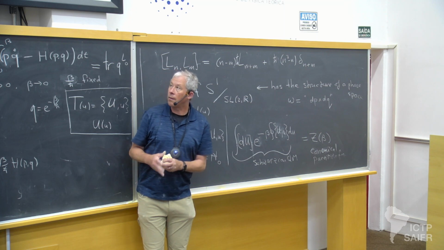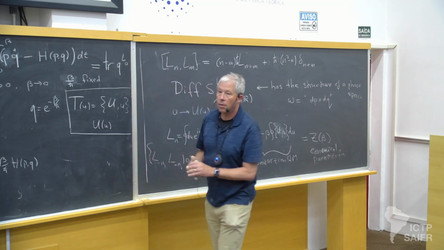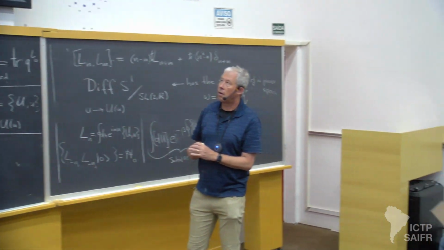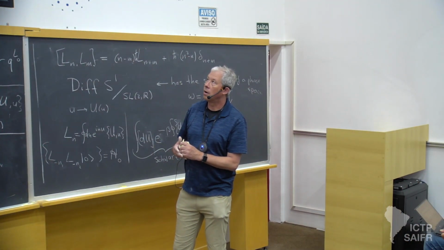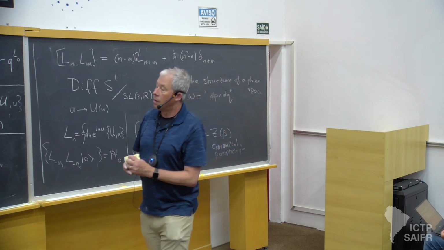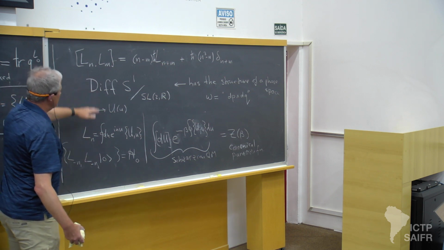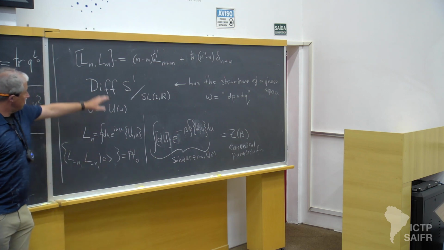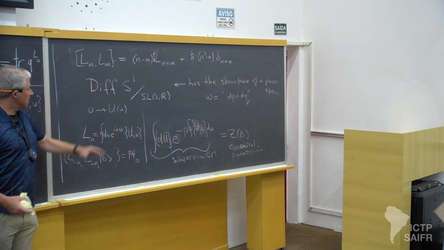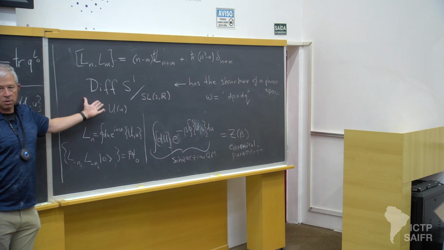There's a question on the chat. Using Kirillov theory of the orbit method, can you export this construction to study quantization of coadjoint orbits of BMS, say, in flat space holography? Okay, that's a very specialized question. It's true that this whole formalism indeed makes use of what's called coadjoint orbit quantization.